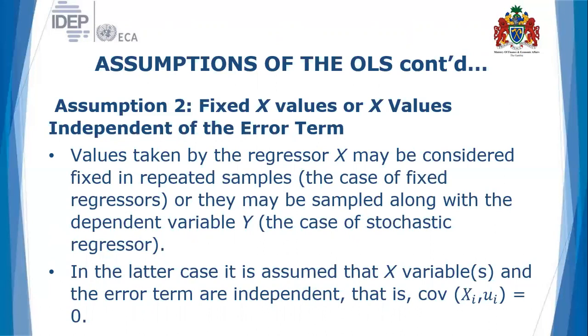In the latter case, it is assumed that the x variables and the error term are independent. That is, the covariance between the x variables and the error terms u_i is 0. In other words, they do not affect or influence each other.